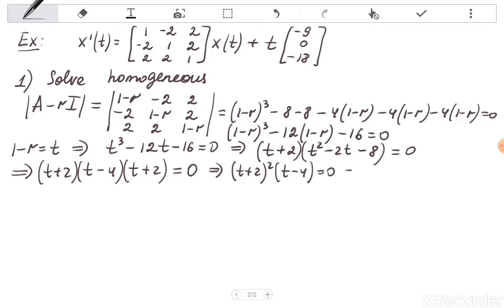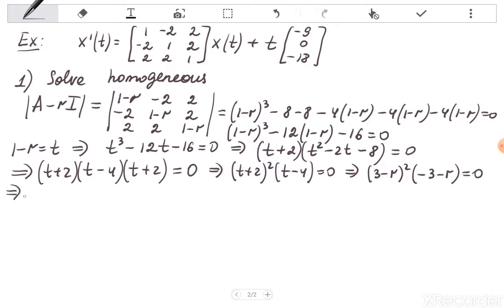Or if we come back to r, t plus 2 is 3 minus r, so 3 minus r squared, and t minus 4 is 1 minus r minus 4, so it's minus 3 minus r, is 0.